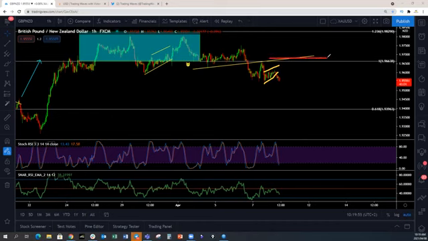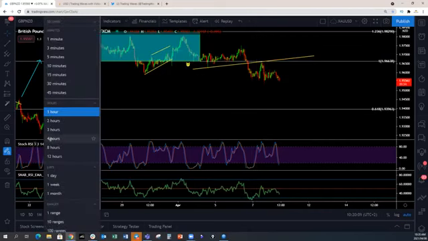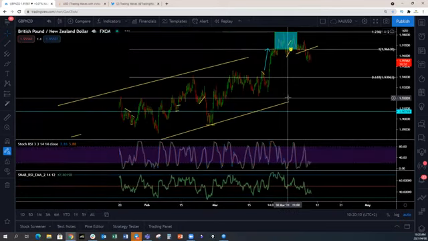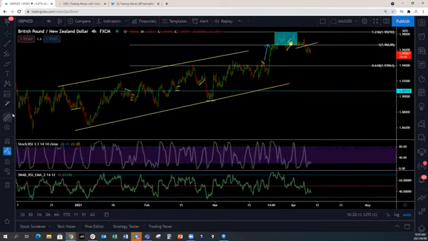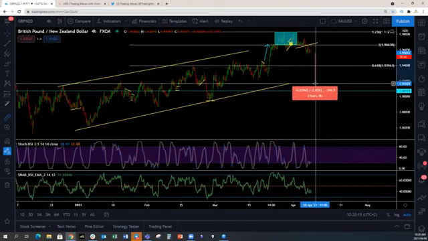Okay, about 96.50, about 100 pip stop. It's not too much, considering that your target is about, let's have a look at the target on this one. Considering that the target is about 394 pips.